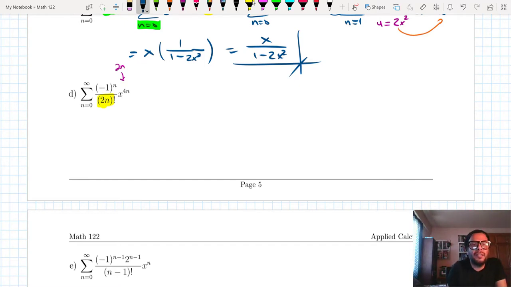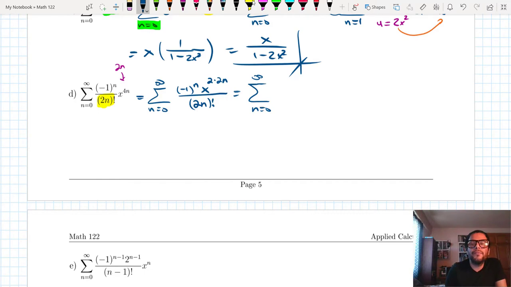How is that going to make a difference? We can rewrite this as -1 to the n power. Hopefully we all agree that 4n is the same as saying 2 times 2n, over 2n factorial.